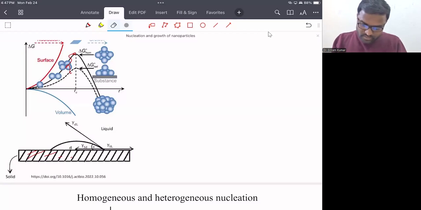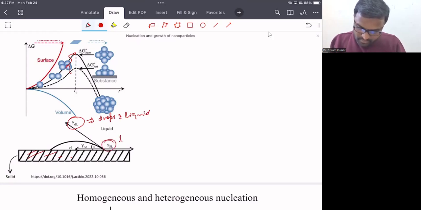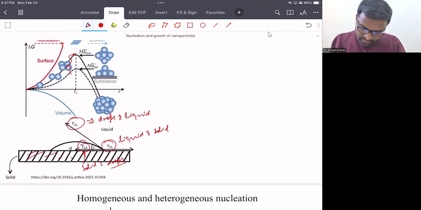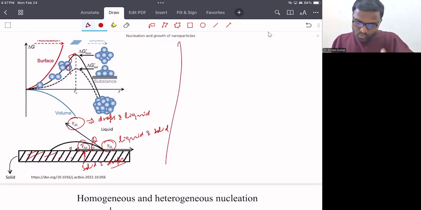If you just consider the heterogeneous surface, we have the surface energy between drop and liquid, the surface energy between liquid and solid, and the surface tension between solid and drop. So these are the three different kinds of surface energy, and the angle between them is the theta angle.